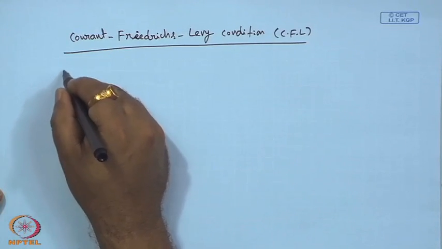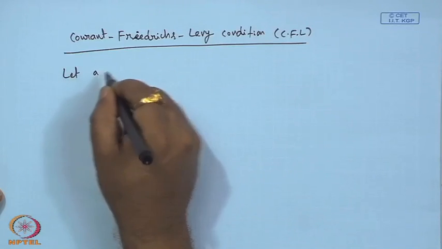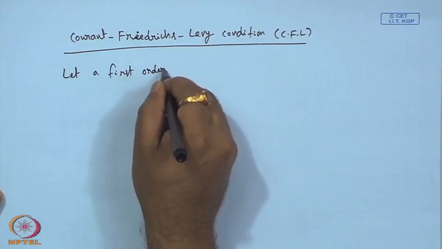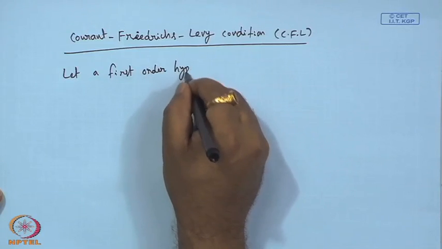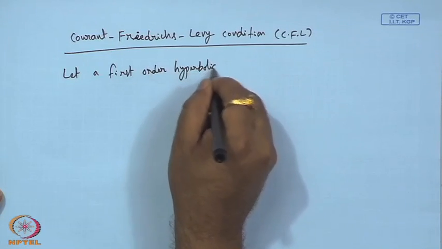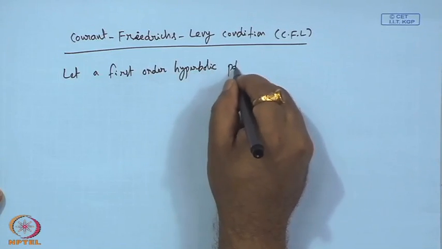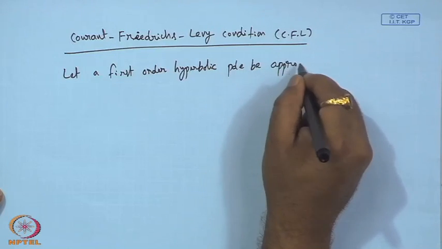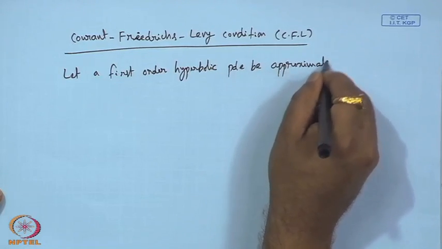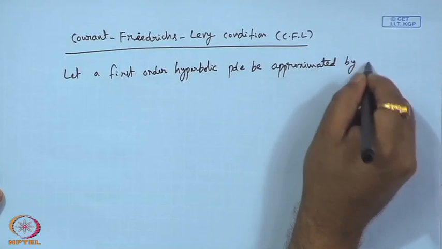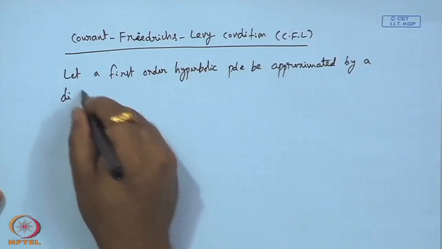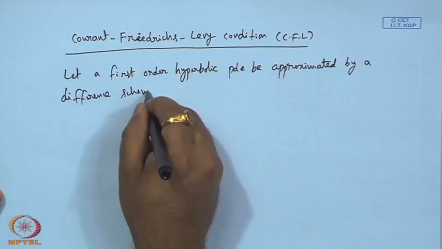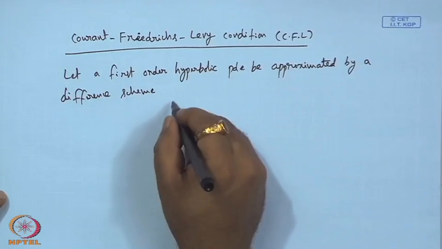Okay. So, let a first order hyperbolic PDE be approximated by a difference scheme.